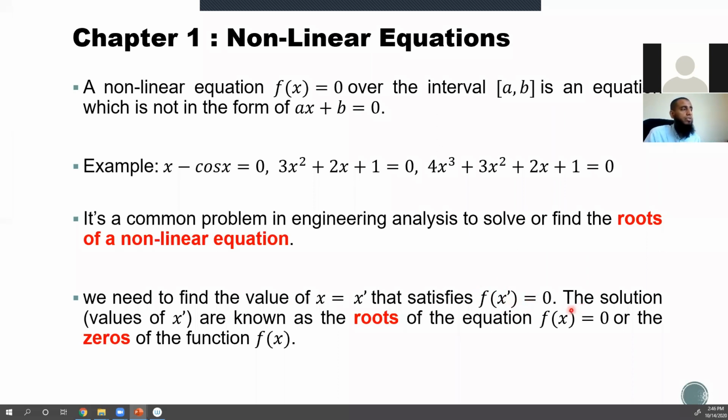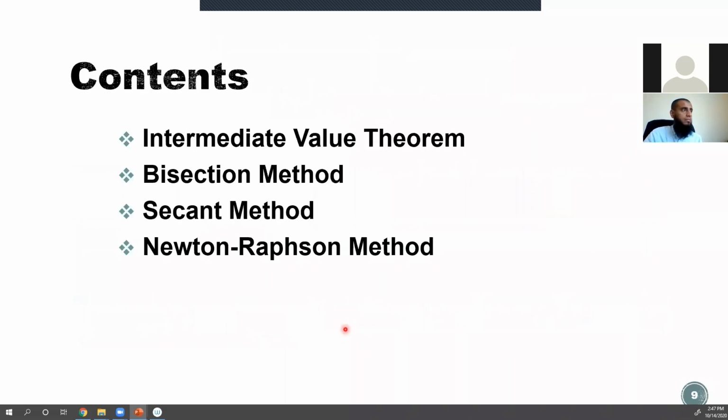The solutions of x are known as the roots of the equation f(x) equal to 0, or the zeros. So either roots or zeros, these have the same meaning. Sometimes we will ask you to calculate the roots, find the root, or find the zeros. The content in this chapter has 4 methods.